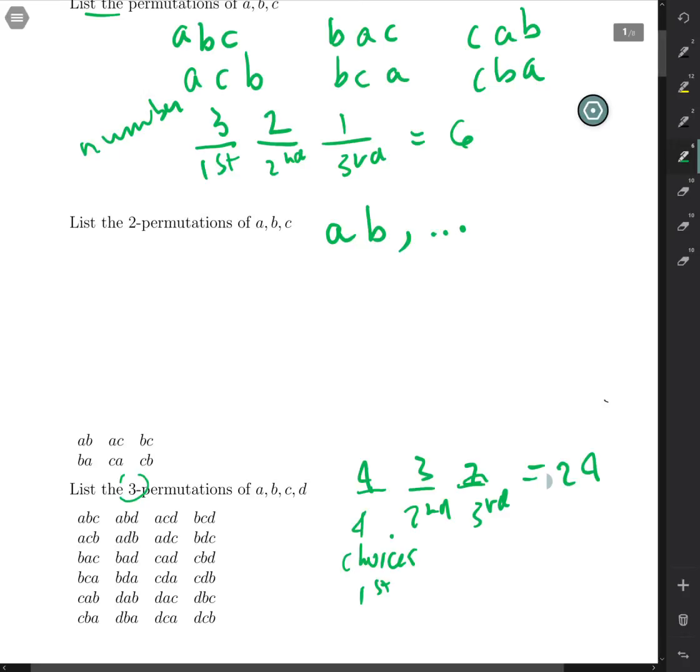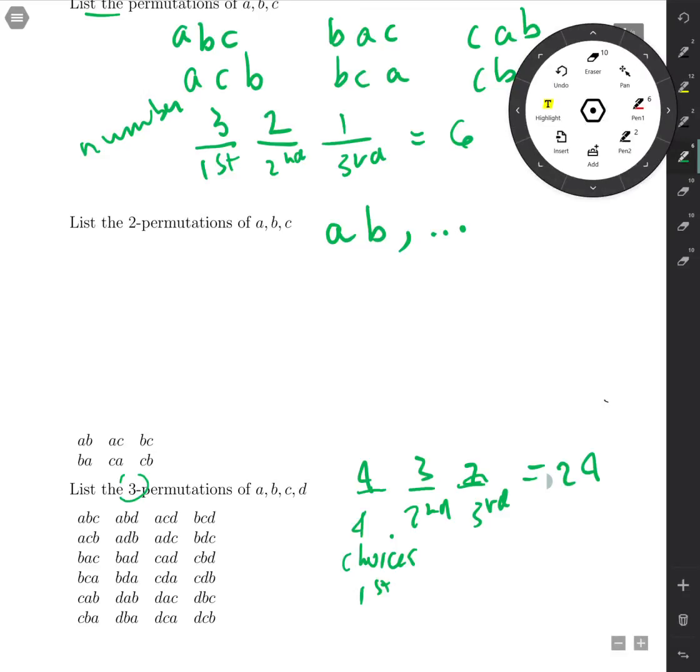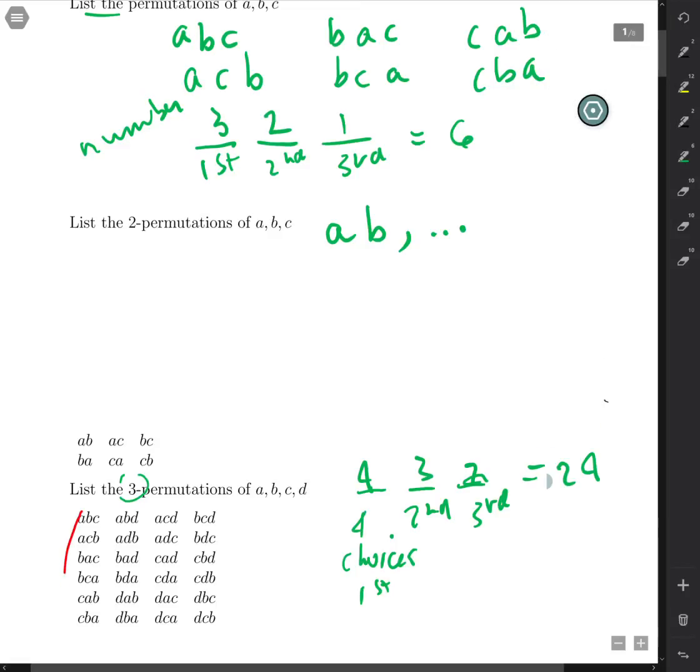And you could organize these in different ways. I've organized them in a particular way that we're going to use when we come back to it in just a little bit. I will point it out to you though. Notice that these right here are all the same group of letters A, B, C permuted.